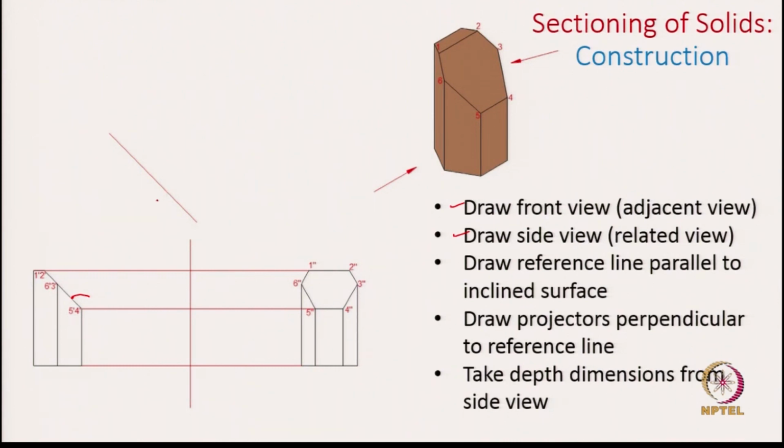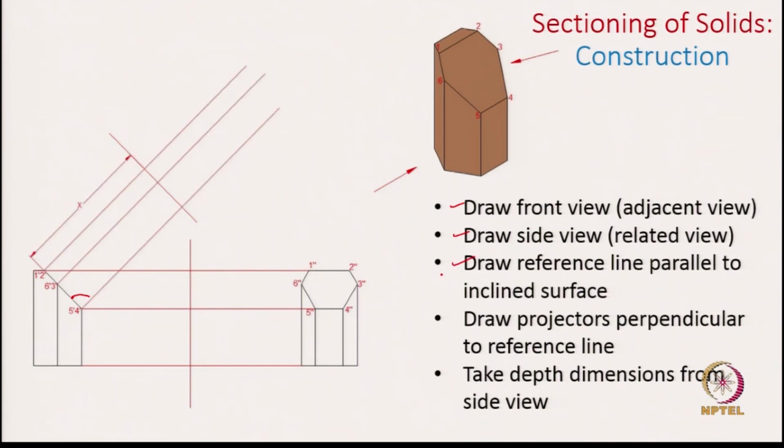That is immaterial, you can choose any length, but you should plan it in a way that when you capture that auxiliary view it fits on the drawing sheet. So, that distance between this edge and the reference line is up to you. You can take it either too close or too far, but make sure that the auxiliary view fits in your engineering drawing.